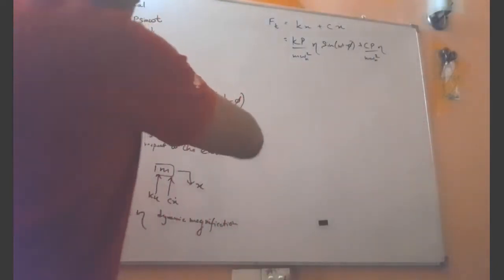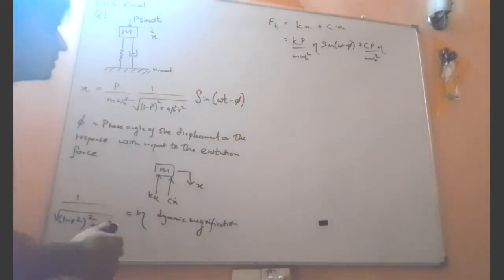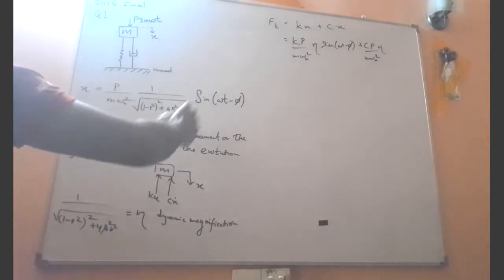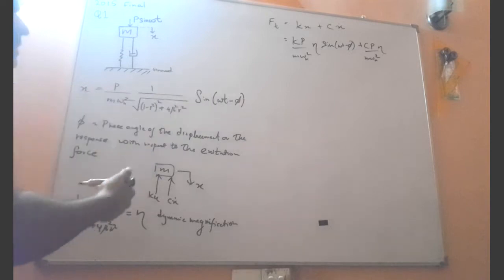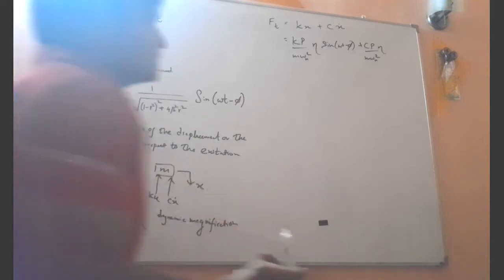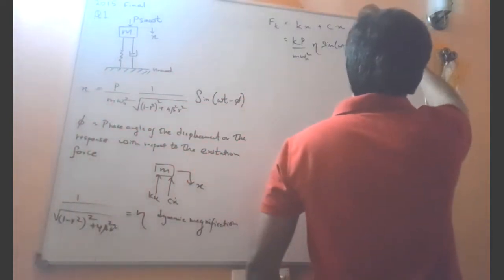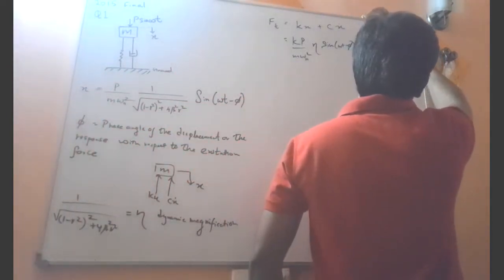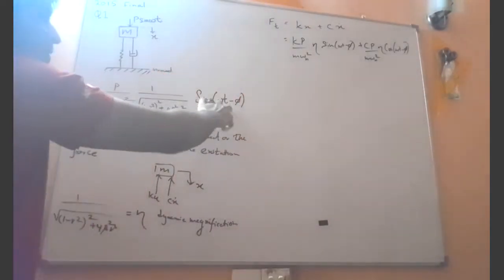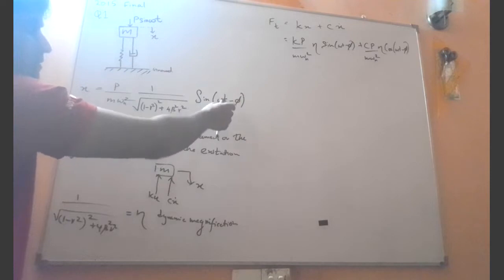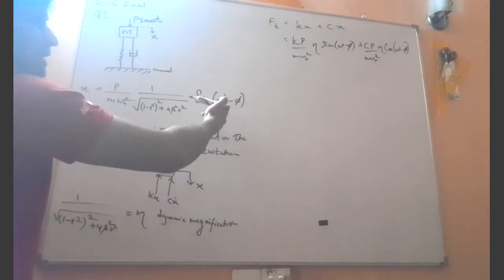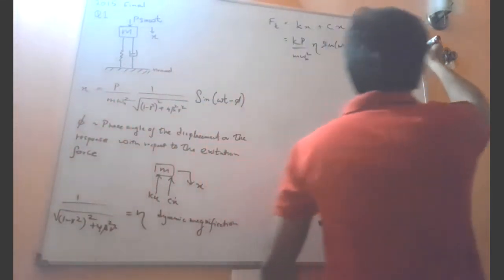Then you have to differentiate sine omega t minus phi. If you differentiate once, it will be cos omega t minus phi, times the derivative of what is inside the brackets, so you will be getting omega.